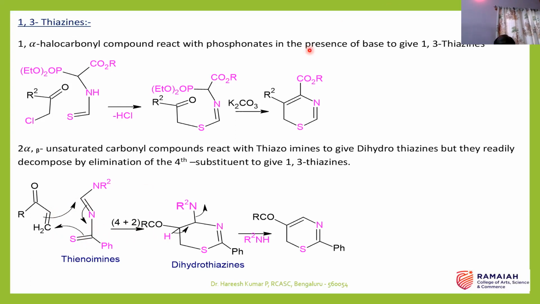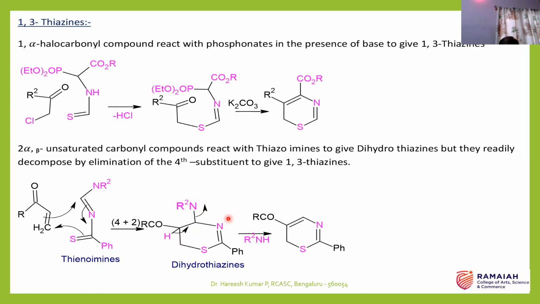So the compound is formed like this, a cyclic compound. More particularly it's a dihydro compound, because it's partially saturated. Then there is removal of the substituent at the fourth position, a secondary amine.